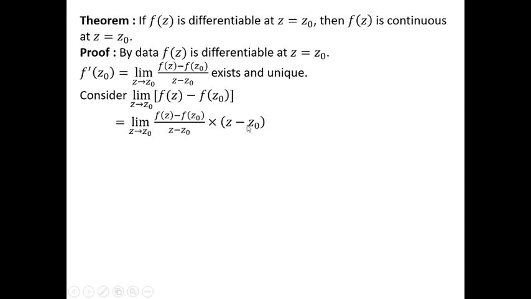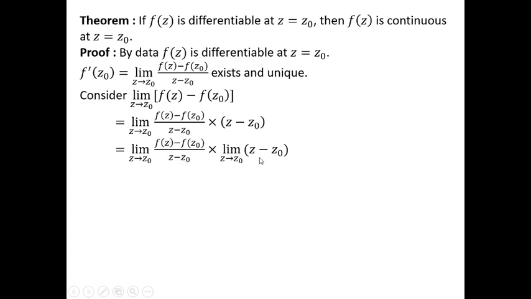According to the properties of limit, limit of f(x) into g(x) can be written as limit f(x) into limit of g(x), as z approaches z₀. Suppose if you apply z = z₀ here, then we get the 0 by 0 form, so we cannot apply z = z₀ in this case.